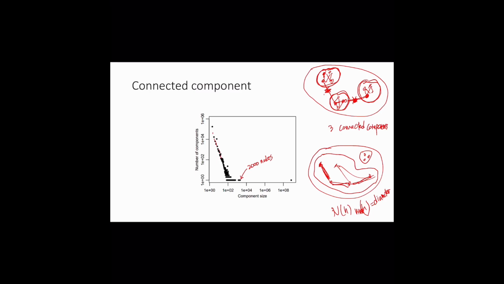Whereas the largest connected component, the outlier all the way over here, consists of 99.91% of the network. So this component comprises the vast majority of Facebook users with at least one friend.